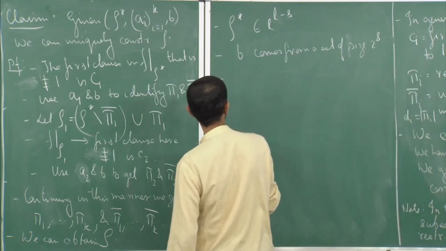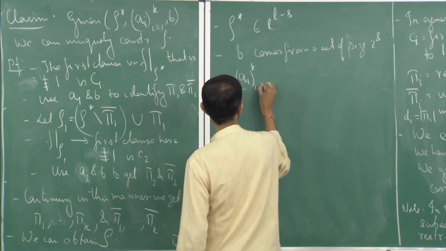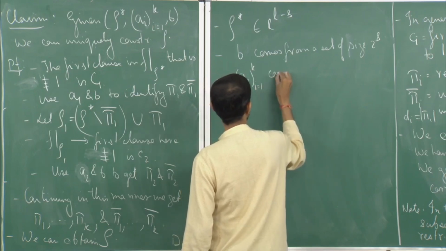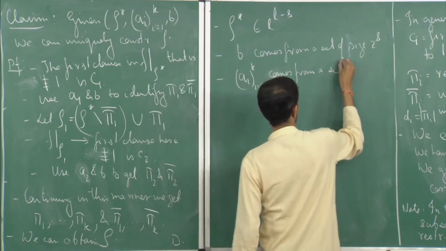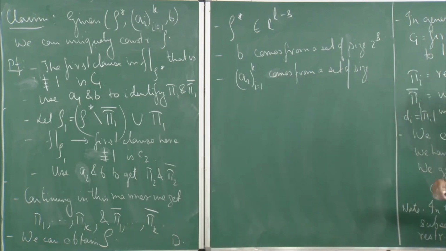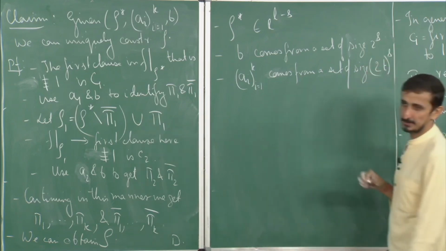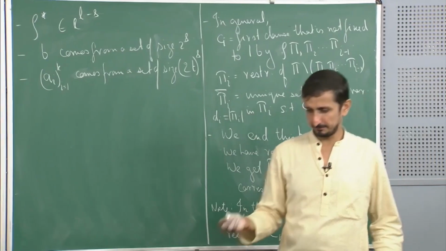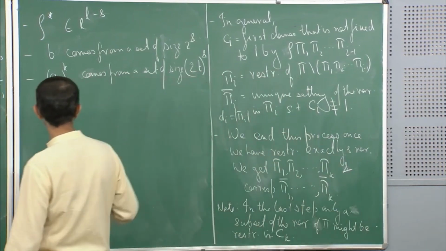So, now the only thing that is left to show is that A_i, i going from 1 to k, comes from a set of size how much? How much do we need? So, W was 4t to the power s, I already have a 2 to the power s. So, what remains is 2t to the power s. Okay. So, there are just 2 observations which will actually give this.